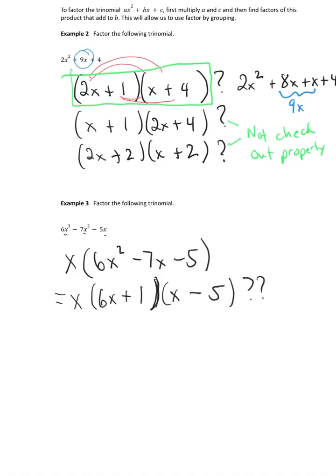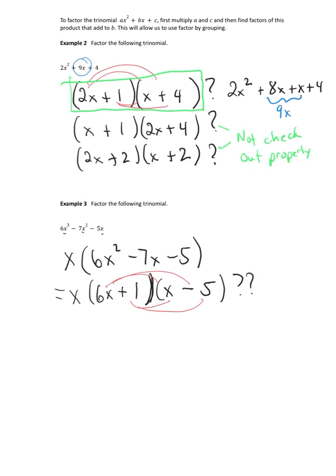All right, so let's check. Oh, excuse me. I want to check, not factor anymore. I would want to multiply this out to check, okay? So I usually do the multiplying out off to the side. So 6x times x would be 6x squared. 6x times negative 5, that's negative 30x.